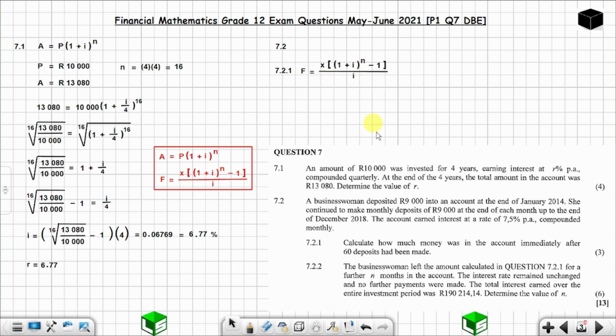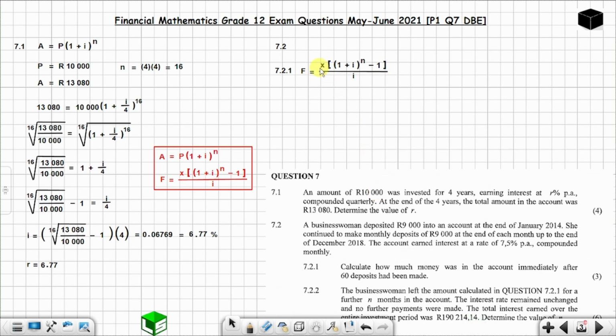Okay. Now let's get our X, our N, and our I. X is equal to 9,000, the amount which is being deposited at a regular period of time. So X is equal to 9,000 rand, right?